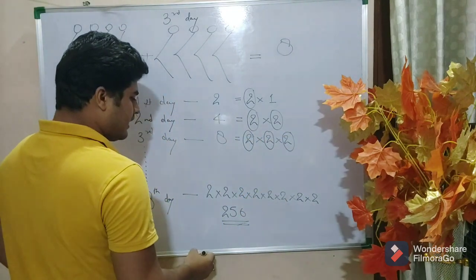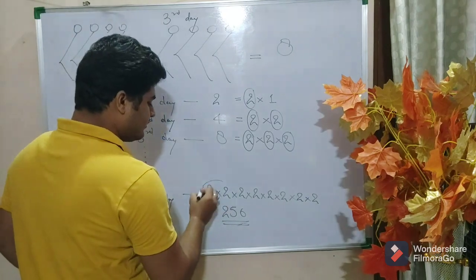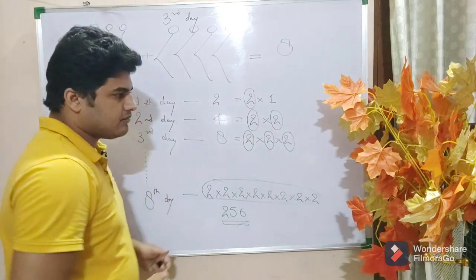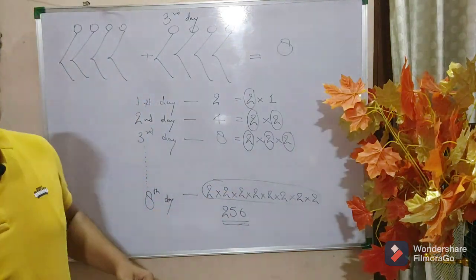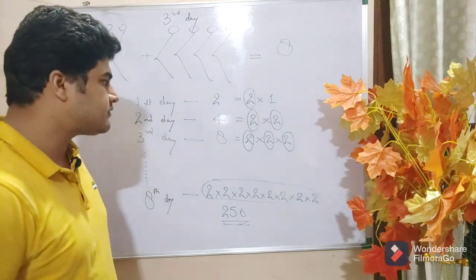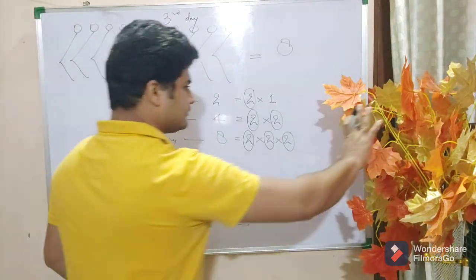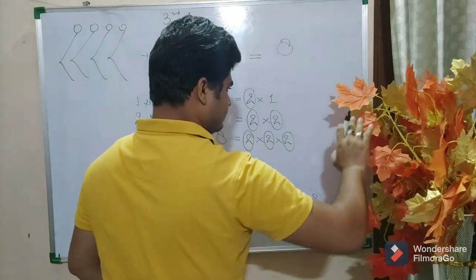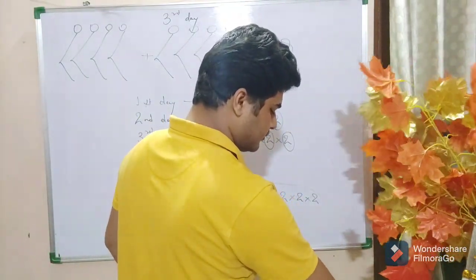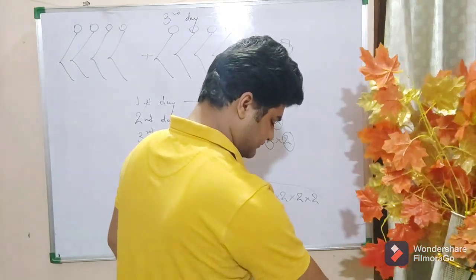And when it became 8, we were multiplying it 8 times. So these numbers are very lengthy to write, so they can be expressed in a shorter notation.